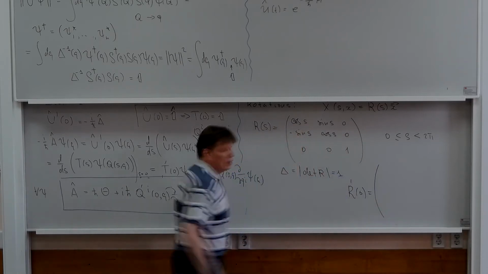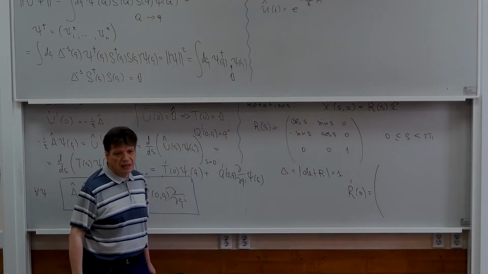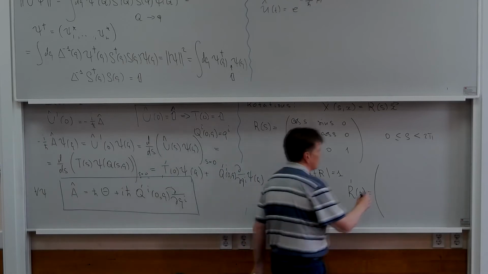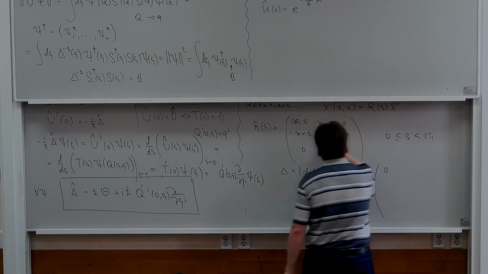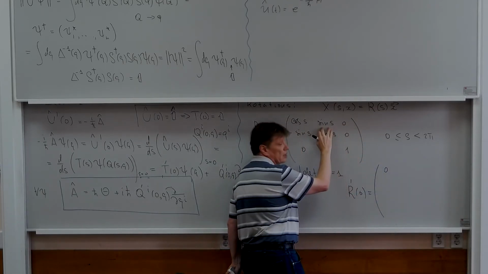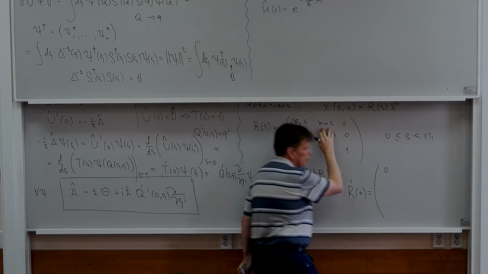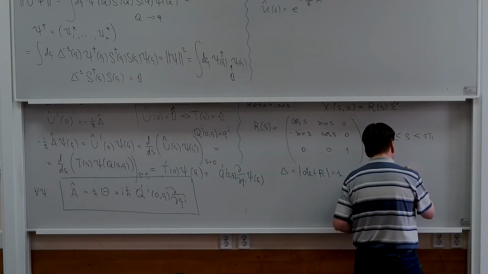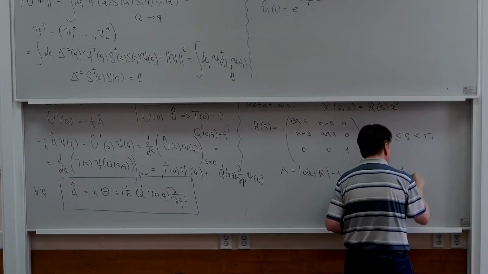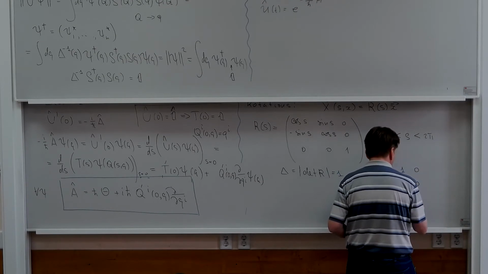Differentiating cosine, we get minus sine, and sine of 0 is 0. The derivative of sine is cosine. Cosine of 0 is 1, minus 1, 0, 0, 0, 0, 0, 0.